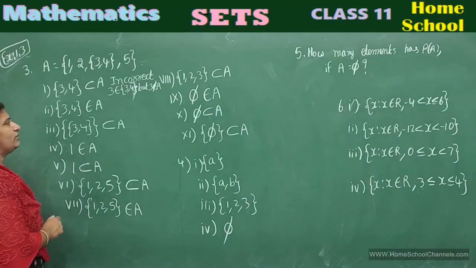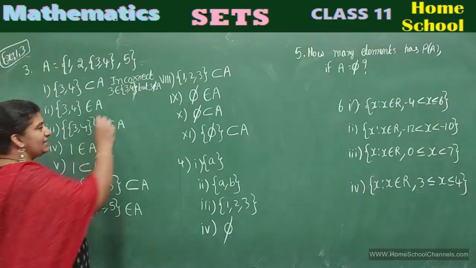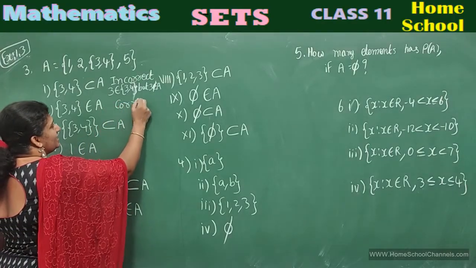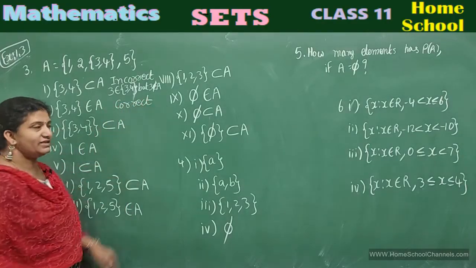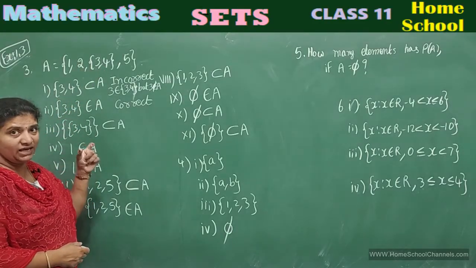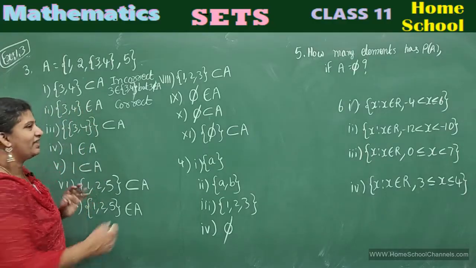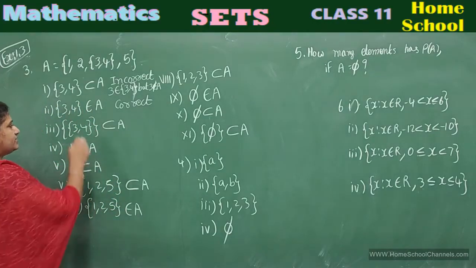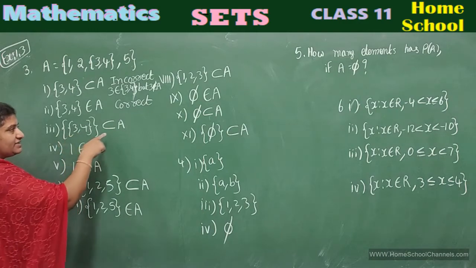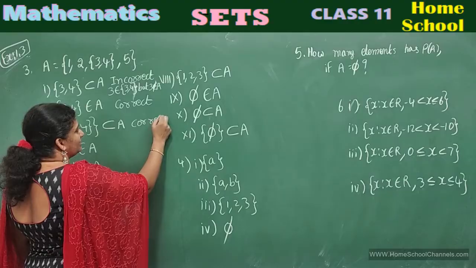See the second one: {3, 4} belongs to A. Yes, it is correct. If you consider the set {3, 4} as an element, it belongs to A. And the next one: double brackets, subset of A. Yes, it is correct.